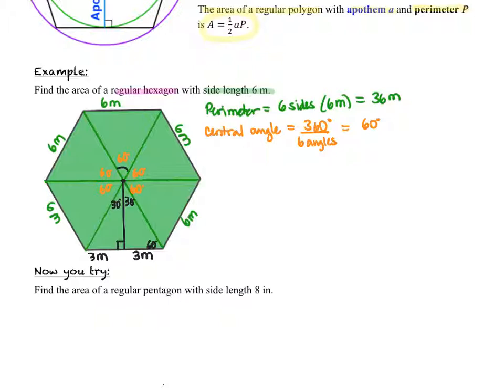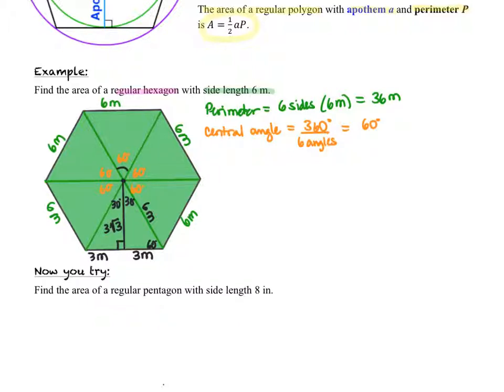I know I'm taxing your memory, but that means this perpendicular is going to be 3 root 3 long, and it means that the length of the radius of the hexagon is 2 times the shortest side length, or in this case, 2 times 3 meters is 6 meters.